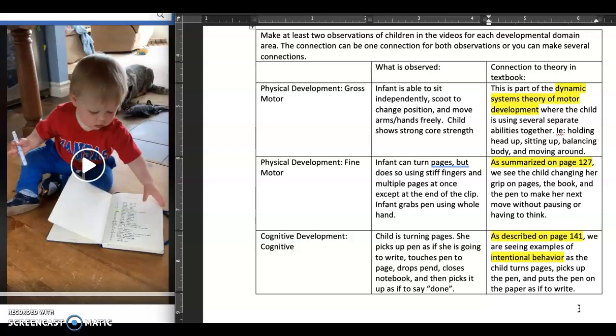Then before you start thinking of connection to theory, turn to page 200 and 201 of your textbook. That's where the milestones are summarized. And the reason this is so helpful is if I look under about her age, and so here she's 7 to 12 months, and I look under physical development, sits alone, crawls and walks, you'll see in parentheses a page number.